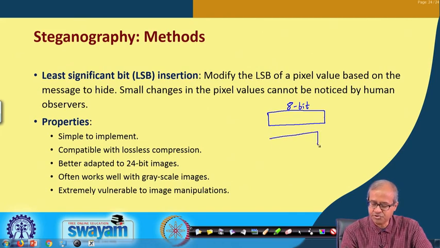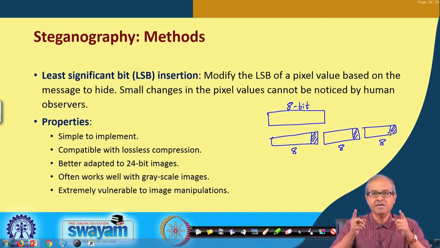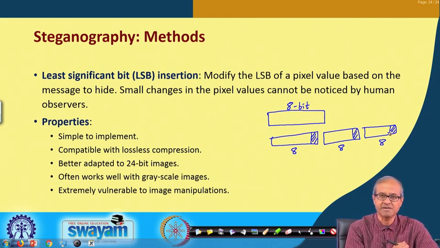In JPEG, we use 24 bits, RGB, red, green, blue, 8 bits, 8 bits, 8 bits. Then LSB says, let us say in JPEG, you can modify the least significant bit of these colors. You see, the color can be from 0 to 255, each of the components RGB. So, if you change the LSB, that means I am either increasing it by 1 or decreasing it by 1. There will be a very small difference in the color in the actual image. You will not be able to distinguish it with your eye.